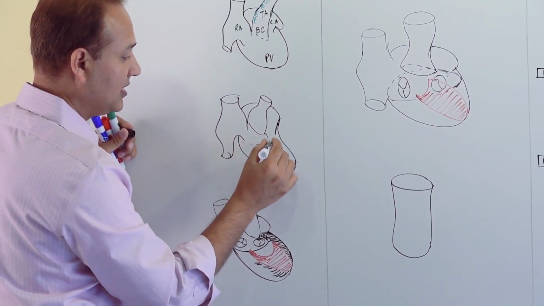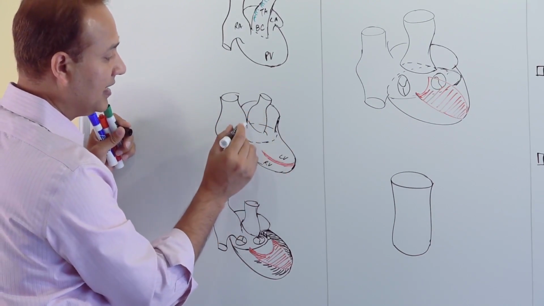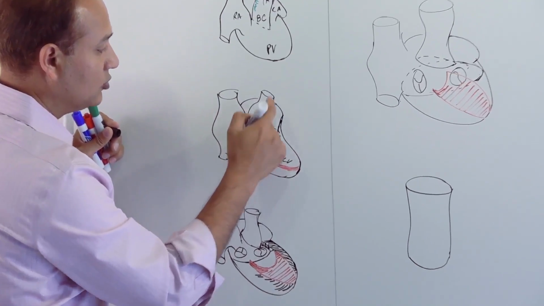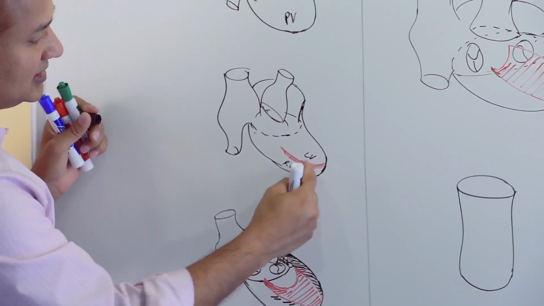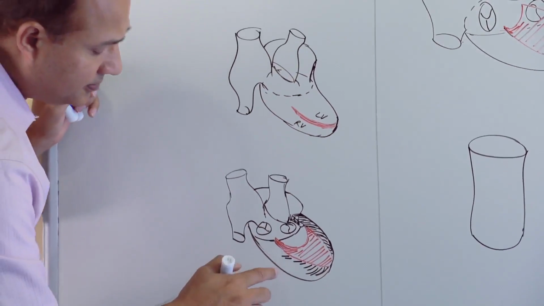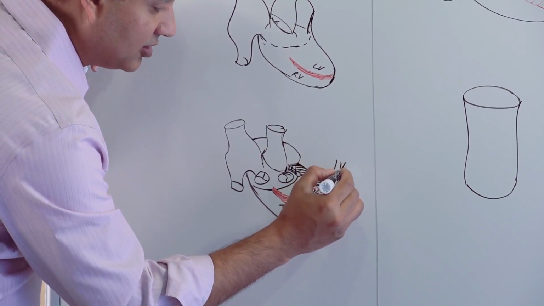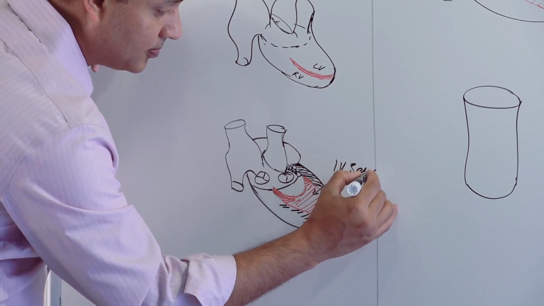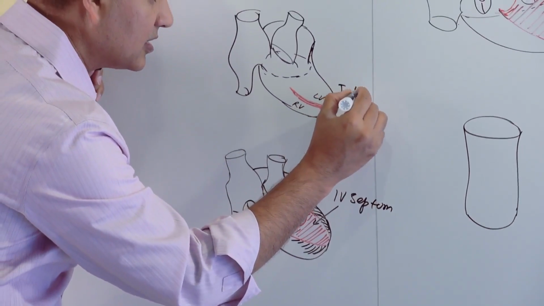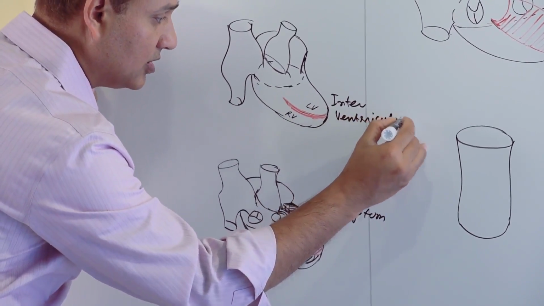So here is the AV canal that has separated the atria from the ventricles, and here in the roof is the aorticopulmonary trunk. So this ridge has to now start growing towards that. If you see here, that is what you're seeing. This is the interventricular septum. Here was the interventricular ridge.